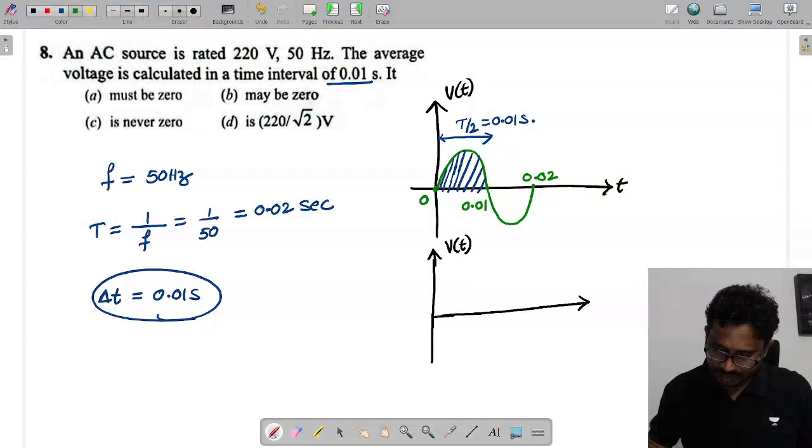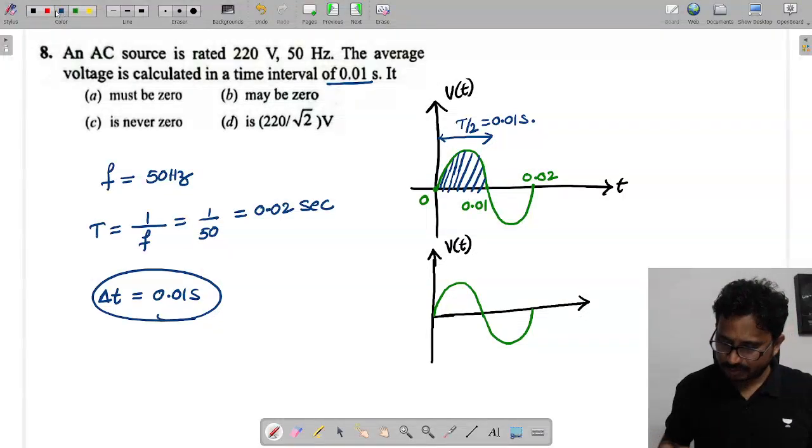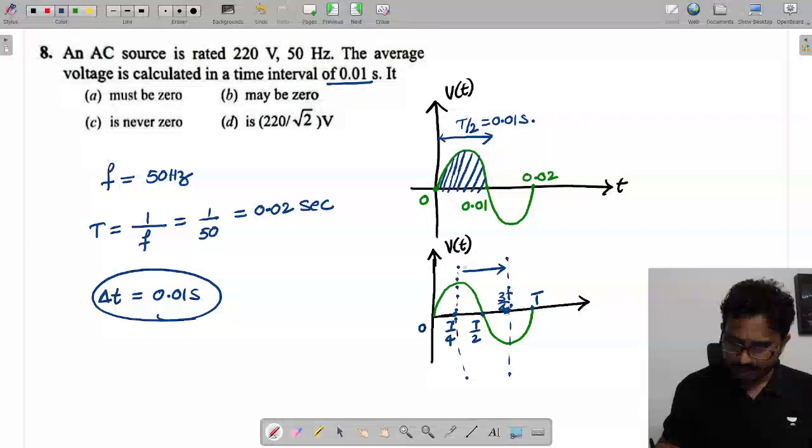Now if I did it like this, from wave to wave, here this is 0, this is T by 4, this is T by 2, this is 3T by 4 and this is T. If I have calculated in this interval, this duration is also T by 2 only.